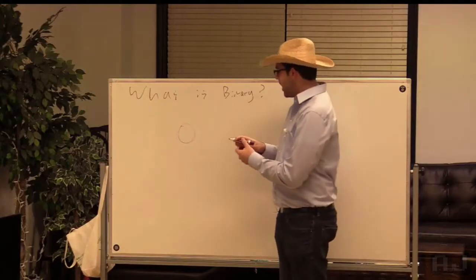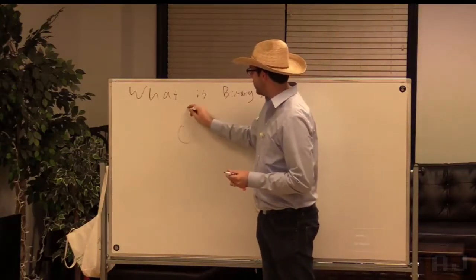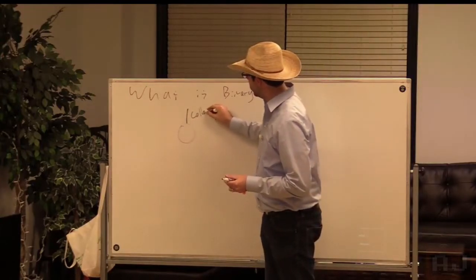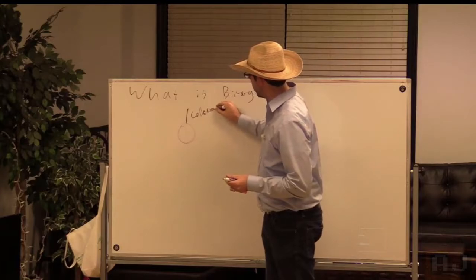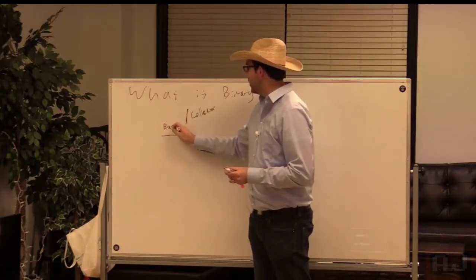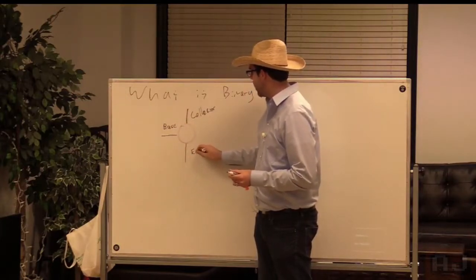So you've got a collector line, which is called the collector. Then you've got a line coming in called the base. And then a line coming out down here called the emitter.